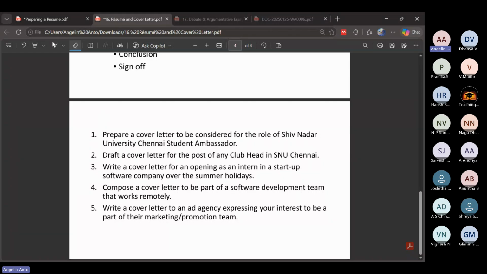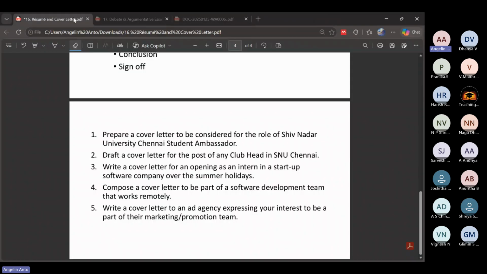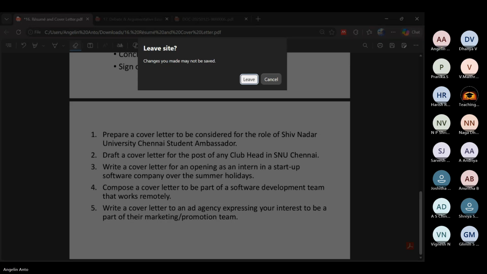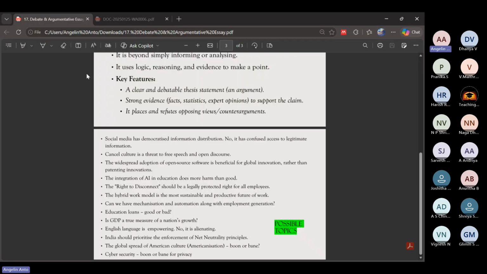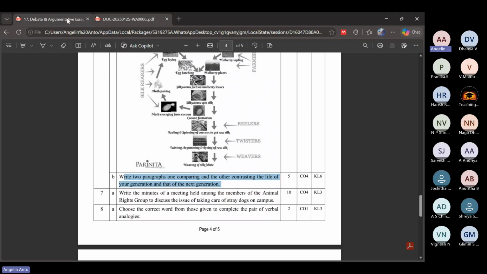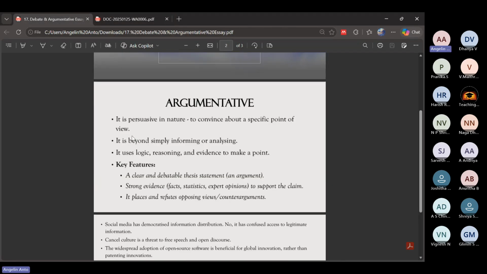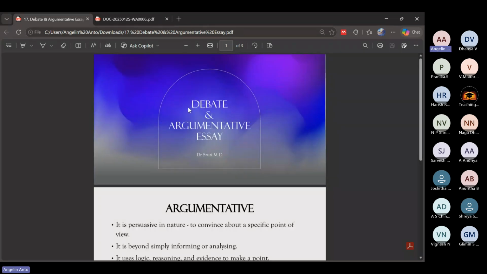Now, a very niche thing that they might do, which was mentioned by one of the faculty, is a debate or an argumentative essay, which was given by Cherry Matthews. So in this one, you would have a particular topic.